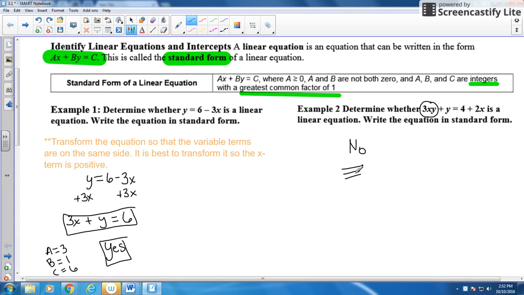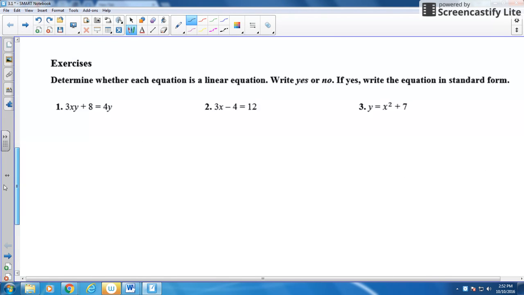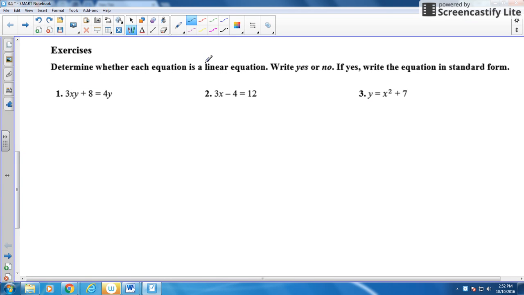The other thing that would make it not standard form is if you have an exponent other than 1. So if you have x squared or y cubed or something like that, that's not going to be linear. All right, so go ahead and try these 3, determine if they're linear or not, write yes or no. If it is yes, write the equation in standard form.